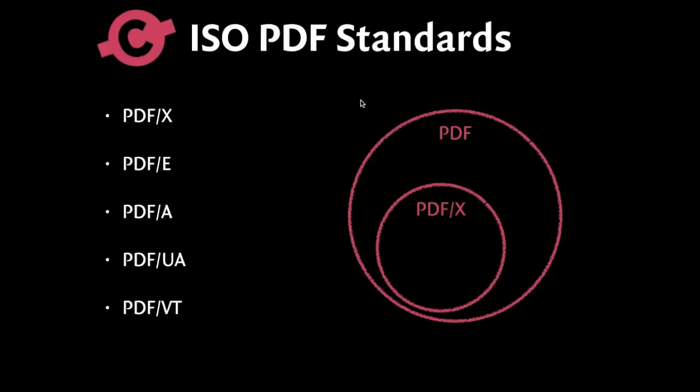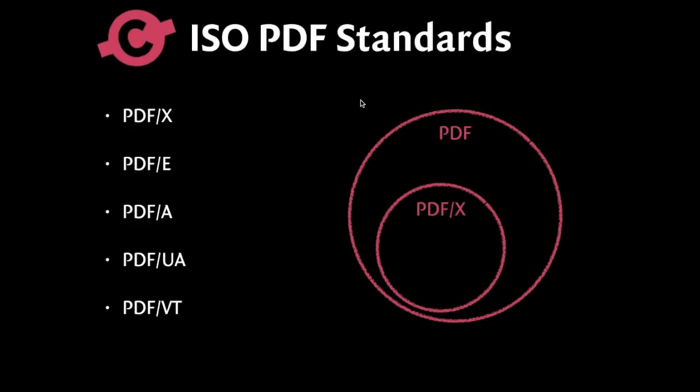So that's the universe where you have all possible PDFs that you can create, and then you see a much smaller circle in there that represents PDF/X. And why is that? Well, the ISO PDF/X standard was developed to restrict the features or functionalities that you can use inside of PDF, and restrict them specifically to those things that make sense in a graphic arts workflow.